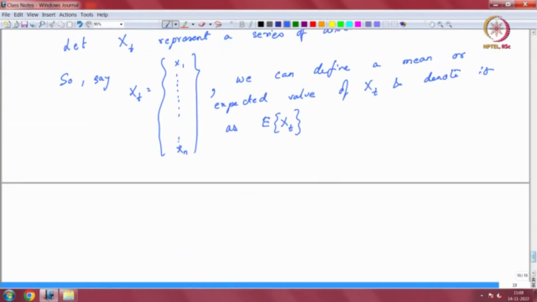And you can have two different series if you want, and you can do a covariance of, let us say, X_r and X_s, and this you will define again using my previous definition.